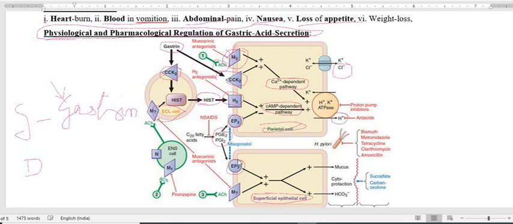The receptor is EP3. So the EP3 receptor gets activated in the parietal cell, and because of the activation of the EP3 receptor by prostaglandin E2 and I2, it has a negative effect, or it will inhibit the formation of cyclic AMP.